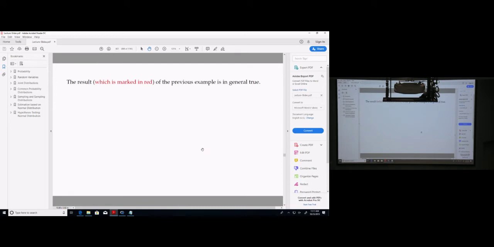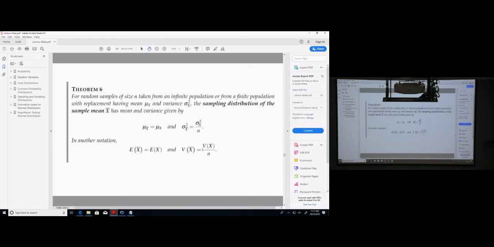The result marked in red in the previous example is generally true, so we state it as a theorem. For random samples of size n, and this is the big assumption here, random samples, taken from an infinite population or from a finite population with replacement.